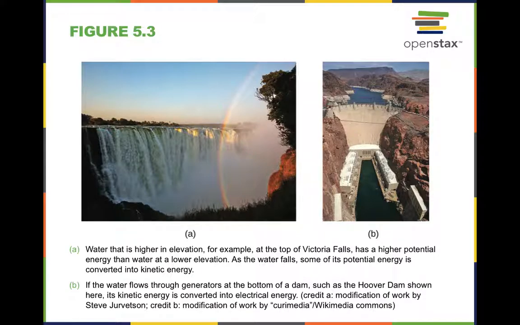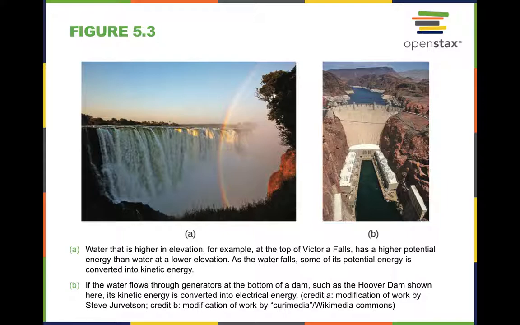So here we have a picture, and if you look at panel A, we see that this is actually Victoria Falls. The water at the top of the waterfall has more potential energy than the water at the bottom of the falls, and the water going over the falls actually has kinetic energy.